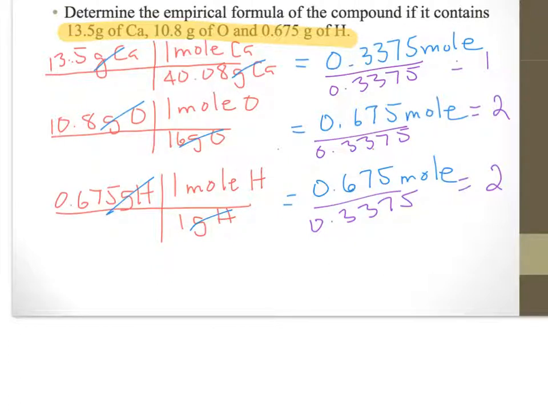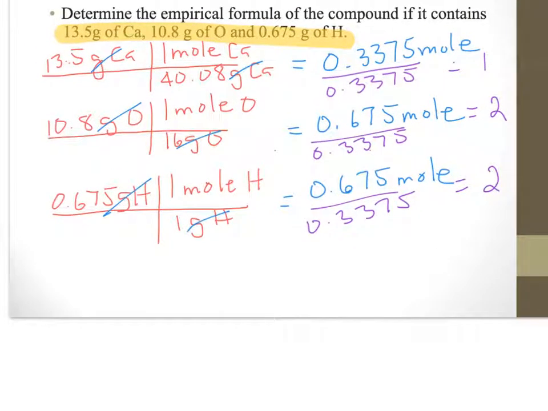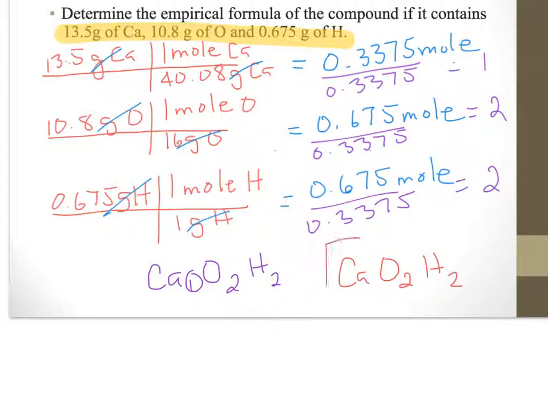So therefore, we can write out the empirical formula for this compound as Ca, there's 1 of that, O, there's 2 of that, and H, 2. And remember, we do not keep this 1, so we're going to rewrite this formula as CaO2H2. And that is our formula.